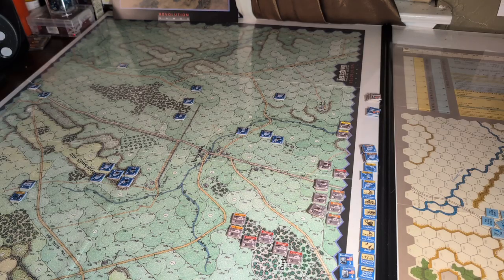I have to grab a draw cup. Let's see who starts in skirmish order.